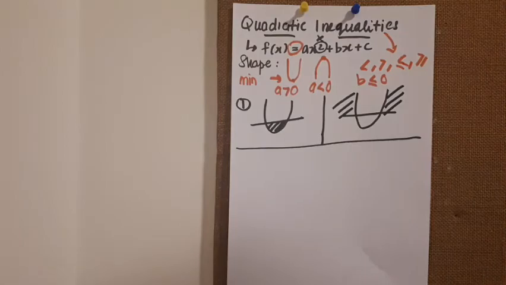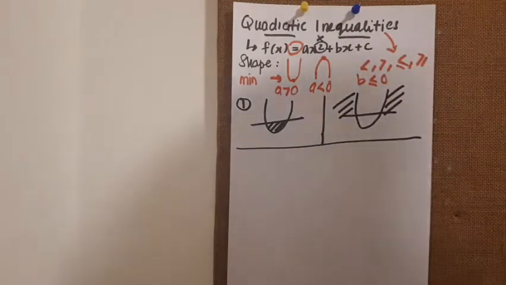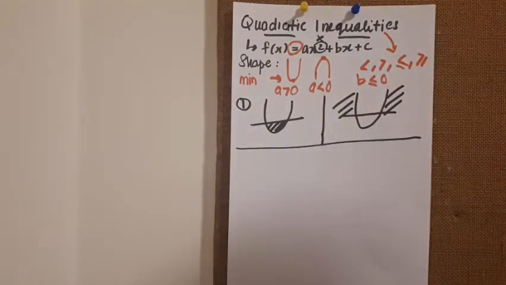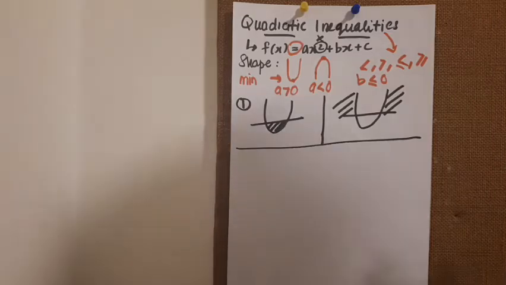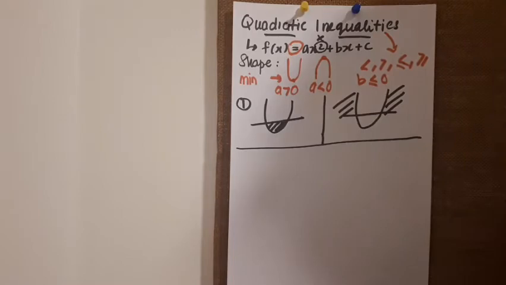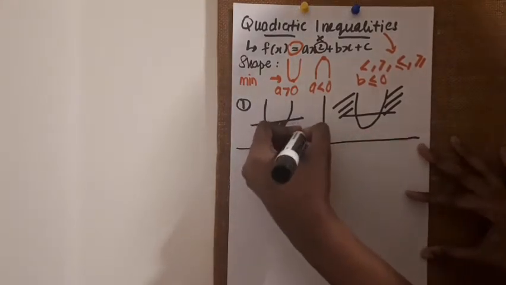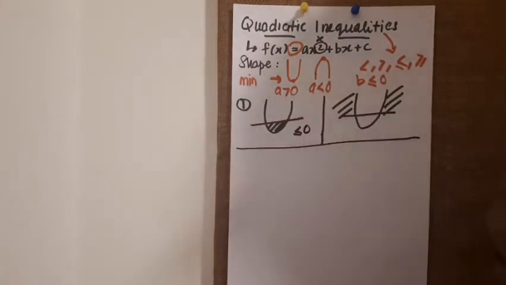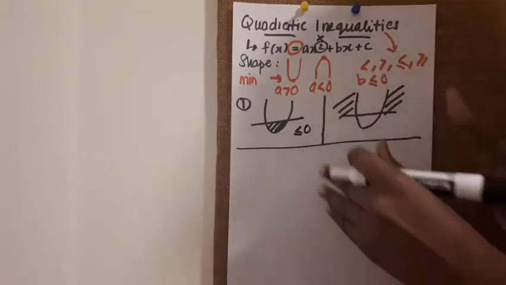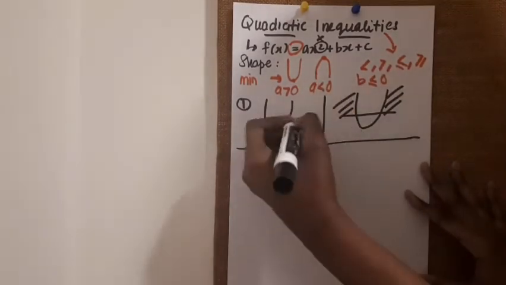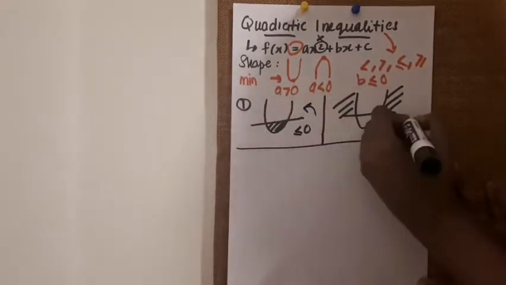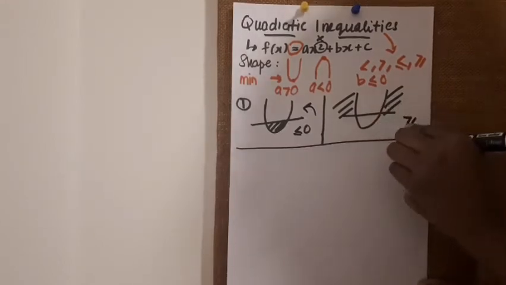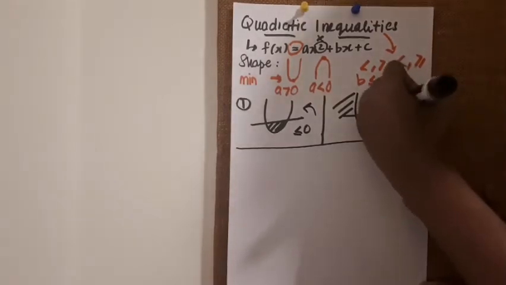We are going to look at quadratic inequalities and solve in a while. But before we solve, I just want you to know that when you solve the inequality, if you get less than or equal to 0, then this is going to be this graph here. And if it's greater than or equal to 0, then it's going to be this graph here.